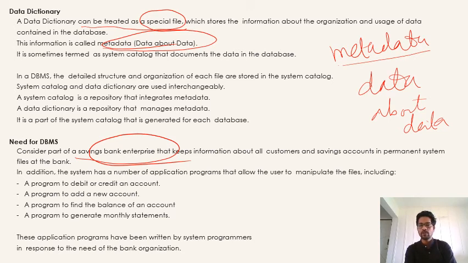Whenever you perform any kind of transaction, all the transactions are reflected in the database. So we require a DBMS in almost all fields. Even the information I am giving to you is one kind of data.